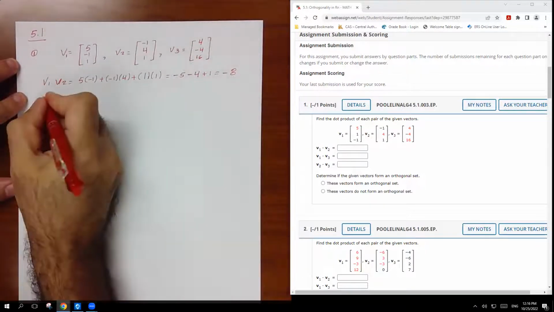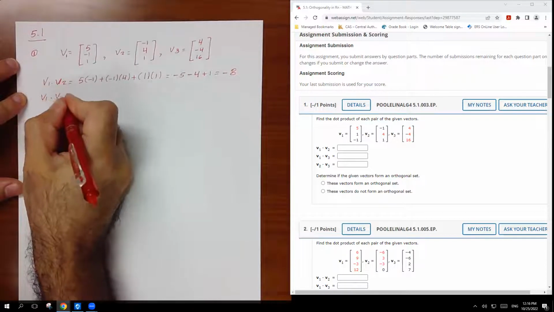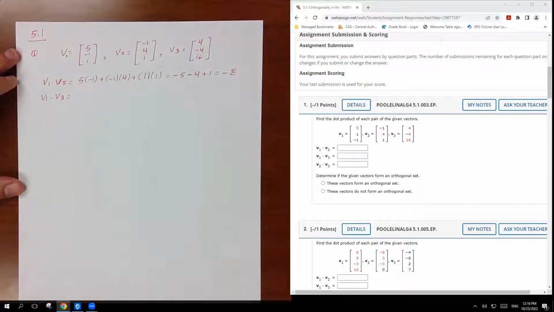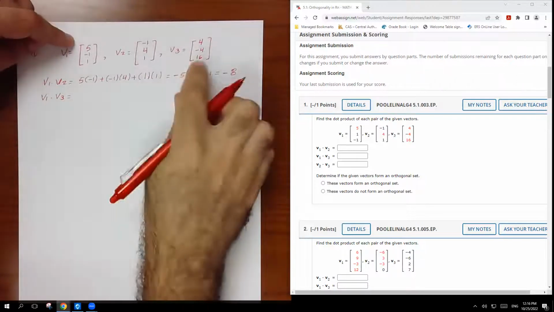So now v1 times v3. That's what they're saying, the second one, v1 times v3. So here is v1, here is v3.